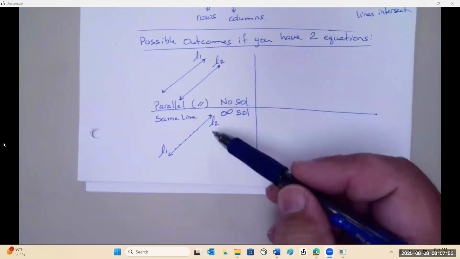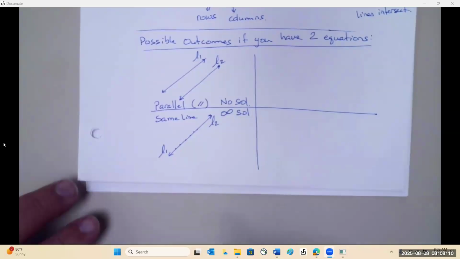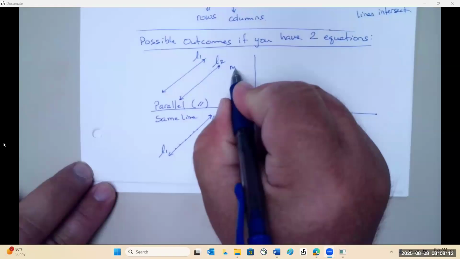So how can we tell these two apart? They look the same. What do they have different? Right. They have the same slopes.